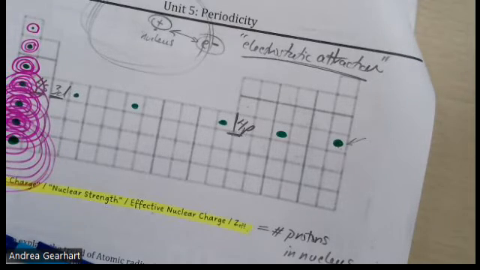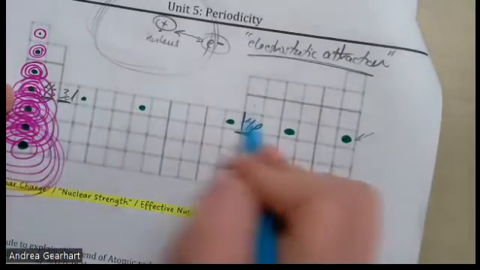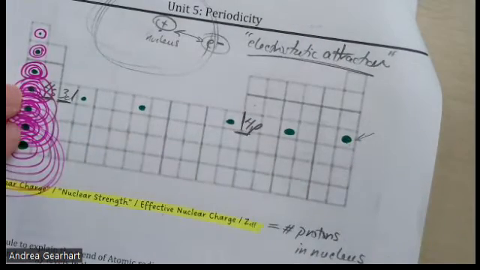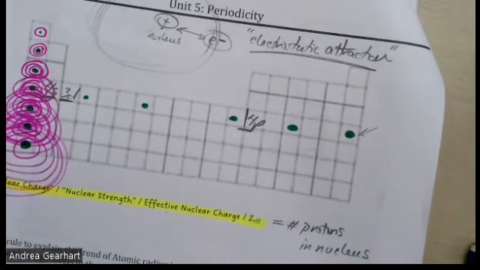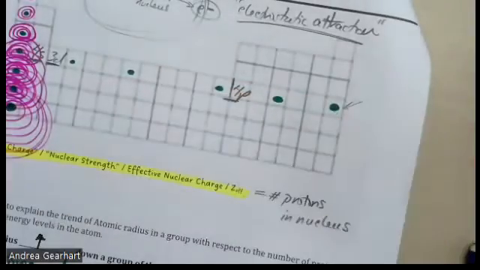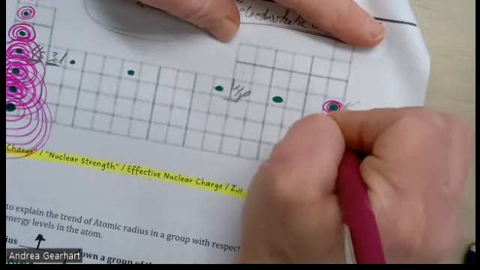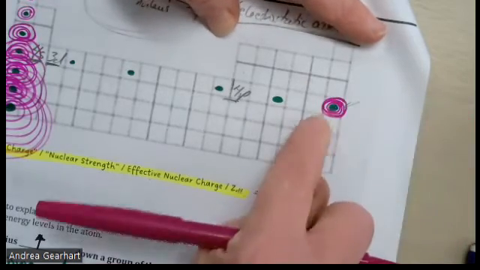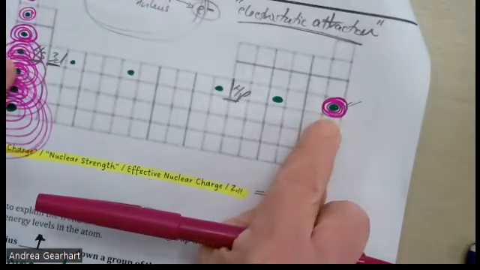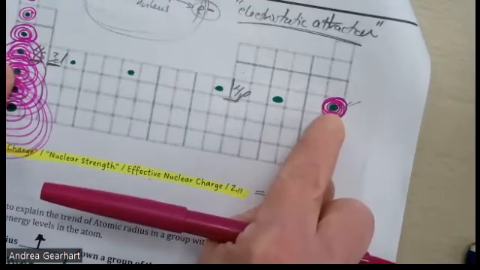So as we proceed, size decreases. So over here, we still have 4 spheres, 4 layers, but that strong nucleus can pull so much more strongly on those 4 layers.